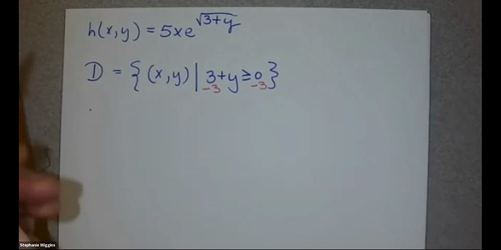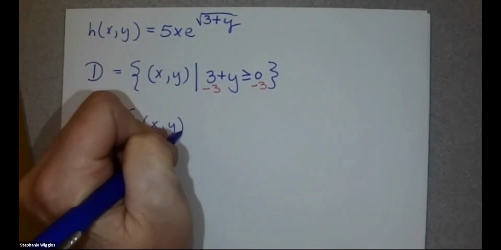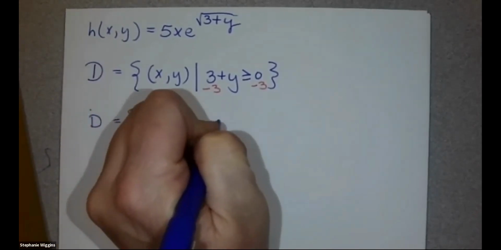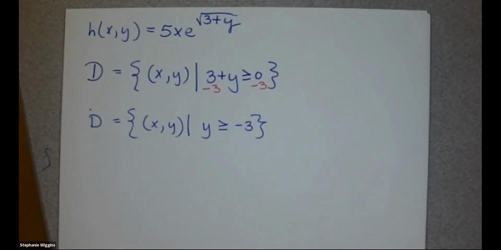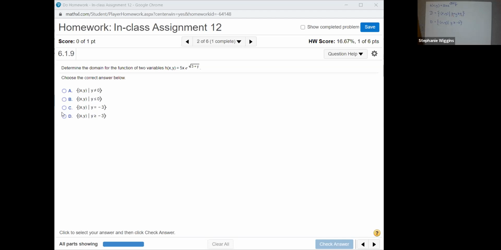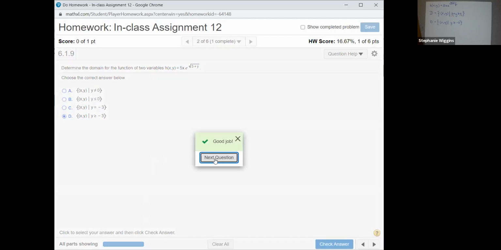And that gives me D equals the set of all x, y, such that y is greater than or equal to -3. So D is the correct choice, where see here it says y is greater than or equal to -3. So that's good.